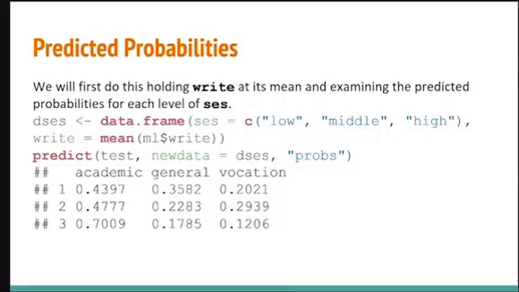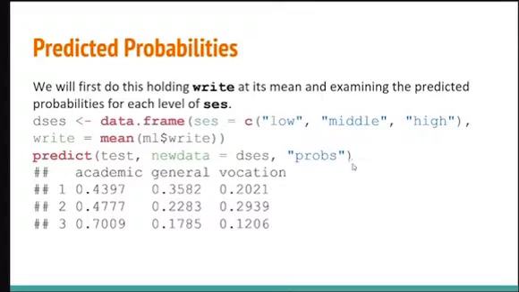Because socio-economic status at times could affect the kind of program you want to go for in college. Now take a look at the SES data frame. I'm actually considering SES low, medium, high socio-economic status. I'm putting into consideration the average of write, the continuous predictor.